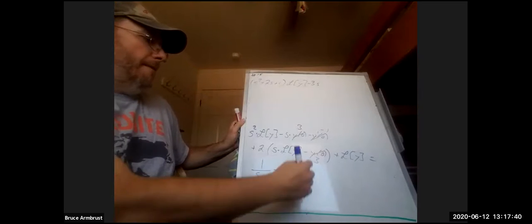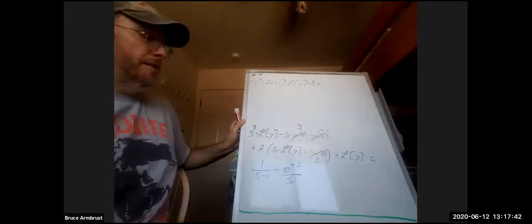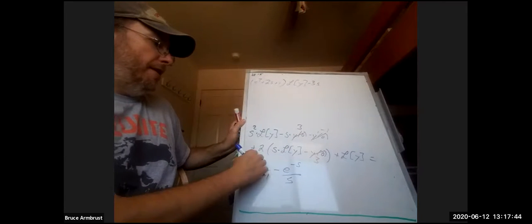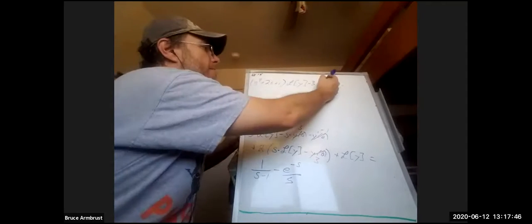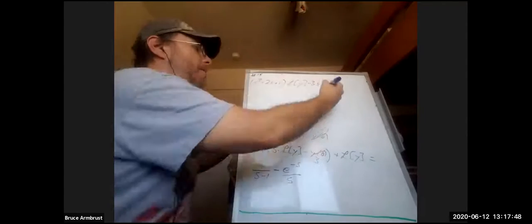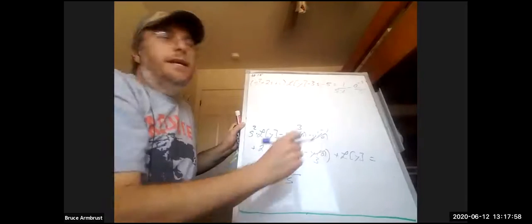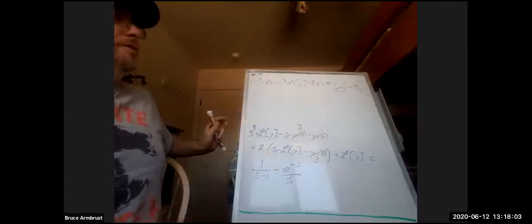I'm going to get a minus 1, so that's plus 1. And then a minus 6, so I think that's a minus 5. And so then here was the derivative, or sorry, not the derivative, Laplace transform of the function itself.